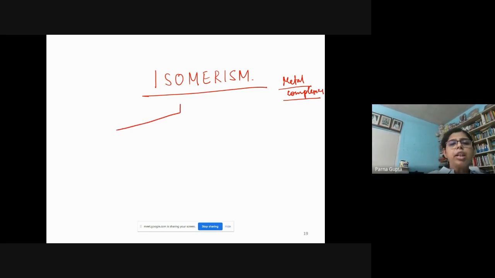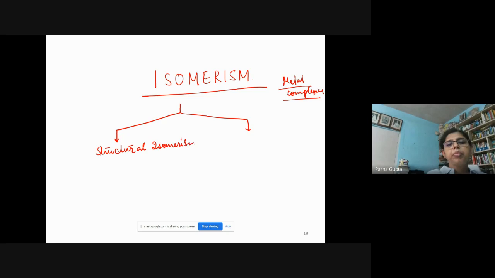If we define it, there are two types of isomerism: structural isomerism and stereoisomerism.